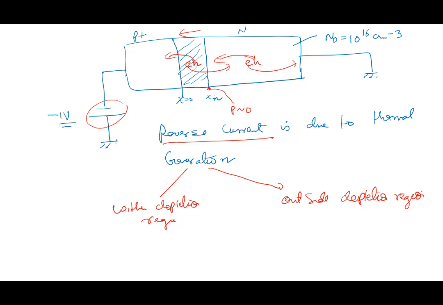So then what we need to understand is this term, the thermal generation. We say thermal generation rate, but the rate I'm talking about, what are the units of this? Number of carriers generated per centimeter cubed per second.